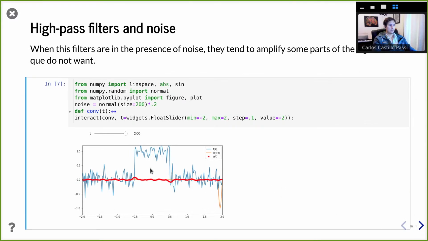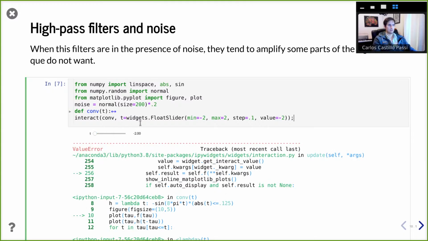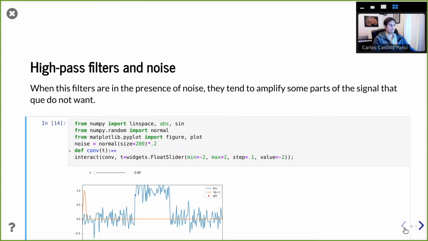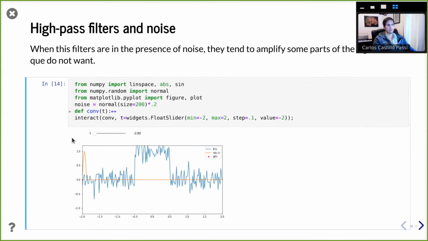And another last thing that I wanted to talk with you about is that when you apply a high pass filter to a very noisy signal, basically you are amplifying the noise. So it's not good to do this type of filter if you have a very noisy signal.